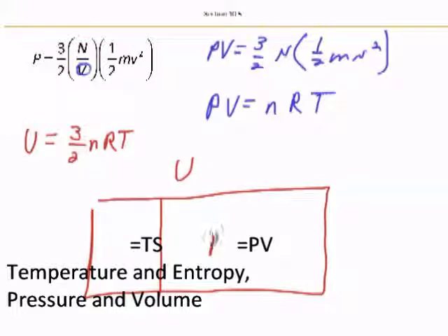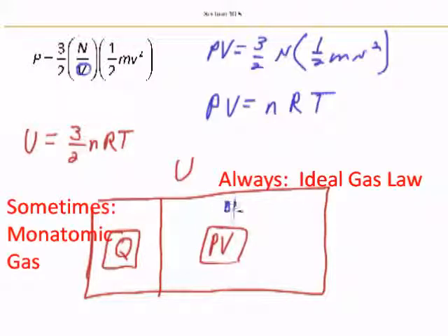Over here is the pressure times volume bit, and over here is the heat. This part is nRT, and this part is 1/2 nRT. You add them together and you get 3/2 nRT.